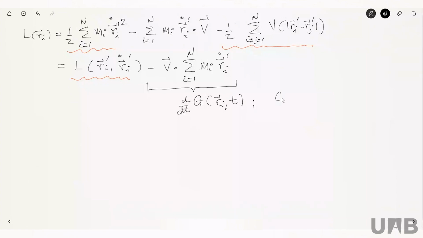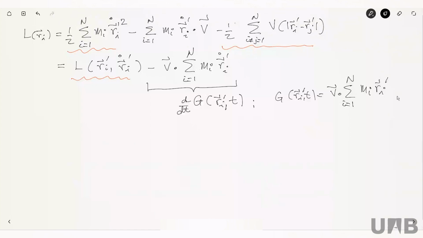So who is this function g of R_i and t? It is v times the sum from i equals 1 up to n of m_i R_i prime. And prime because we are talking about prime variables. So yes, here it is.